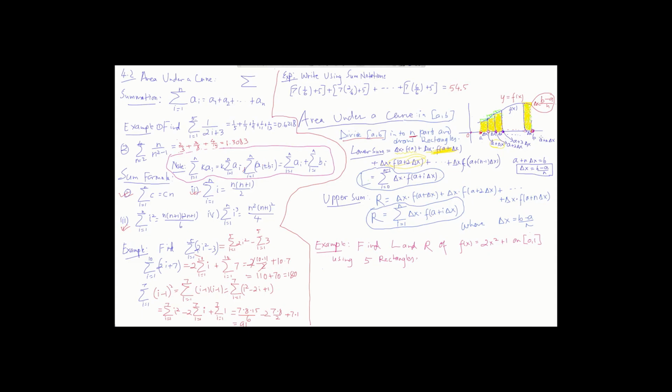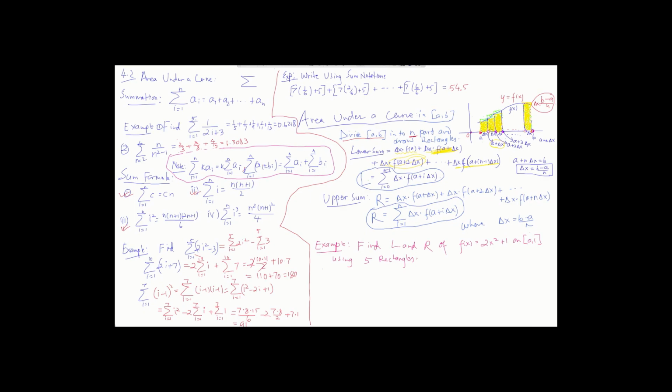The one before that is a plus n minus 1 delta x, because before 3 it was 2, before 2 it was 1, like that. So the height is f of a plus n minus 1 delta x. This is the height of the last rectangle, and delta x is the width. This is how you get the sum of the areas of those rectangles.